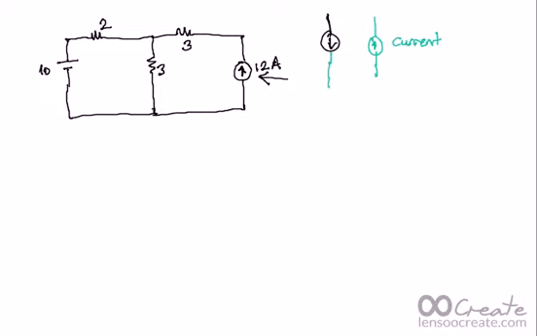Again, we are going to define our mesh. So I take this one as a mesh I1, and again I take a mesh I2. If there is an independent current source at an outer branch, not an inner branch, like here, you can say I2 is equal to this current source.